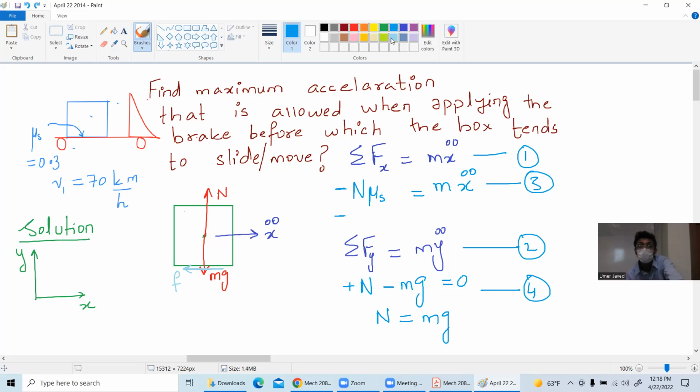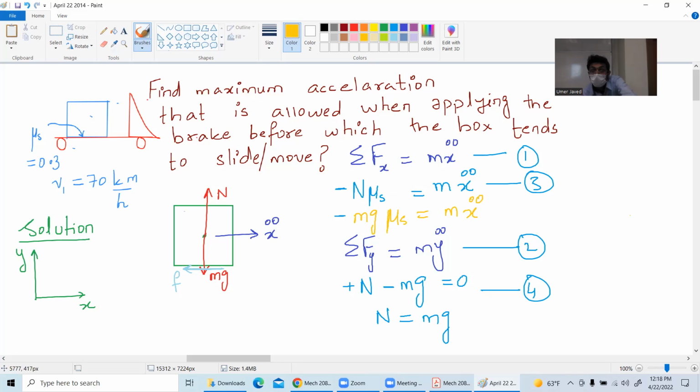We have a student who asked a question. What happened? Okay, minus mg mu s equal to m x double dot, and I get x double dot equal to minus mu s g.